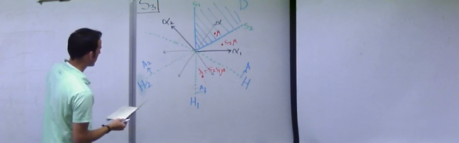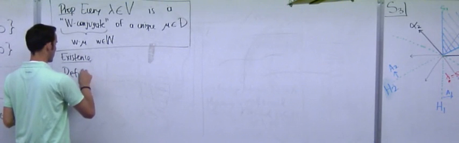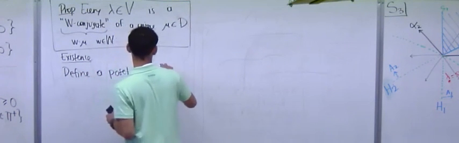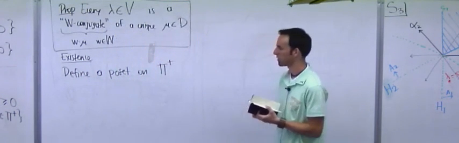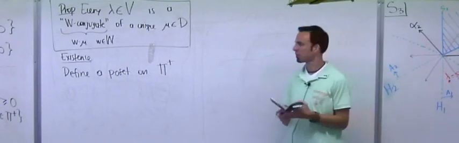So let's prove this. First, let's prove existence. What I want to do is the following. Let me define a poset on the positive roots. In this case, my positive roots are alpha 1, alpha 2, and alpha 1 plus alpha 2.